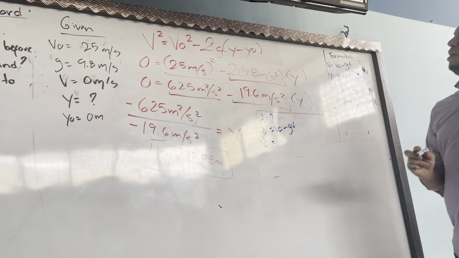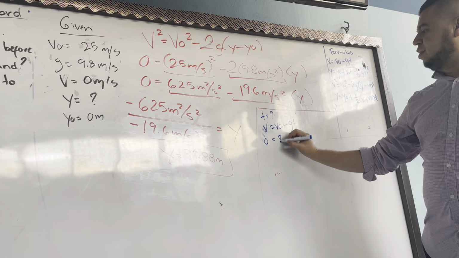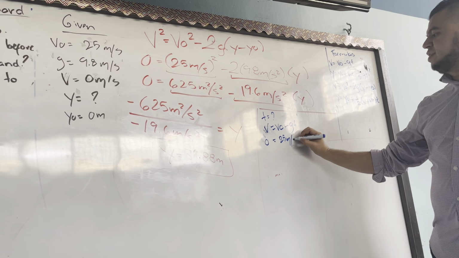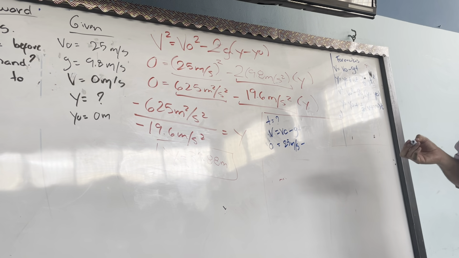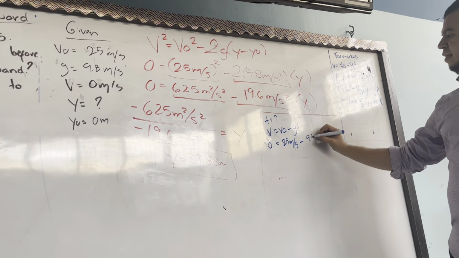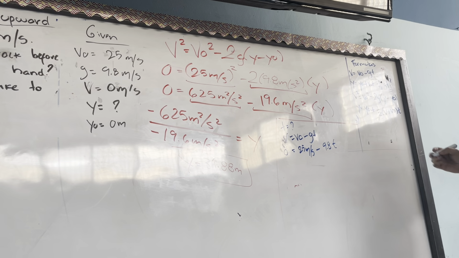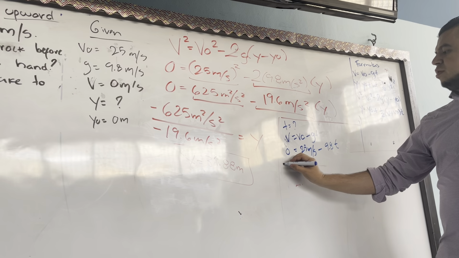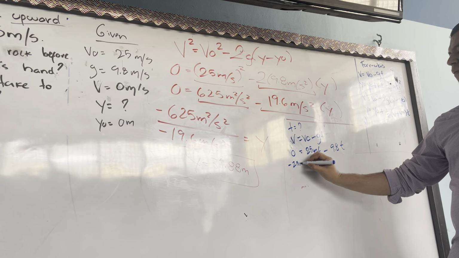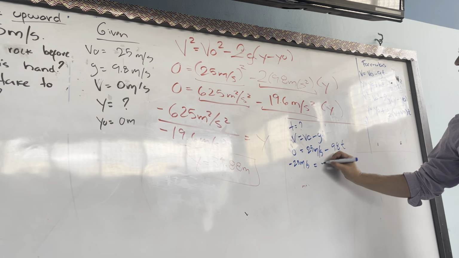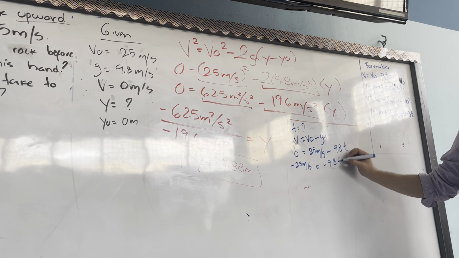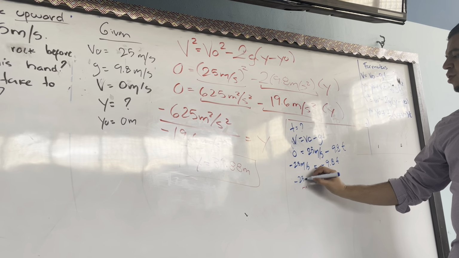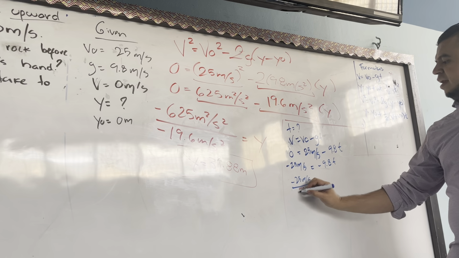The initial velocity will be what? 25 meters per second, minus the value for the gravity that is 9.8. All this will be multiplied by the time, right? So first the 25 will pass to the other side negative, right? So you're going to leave alone the letter T.